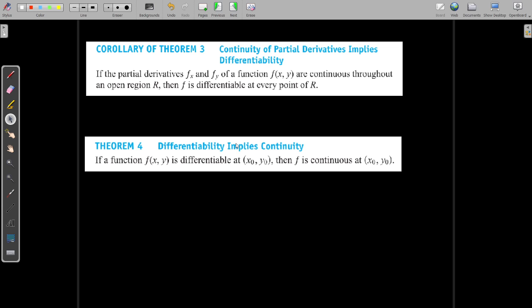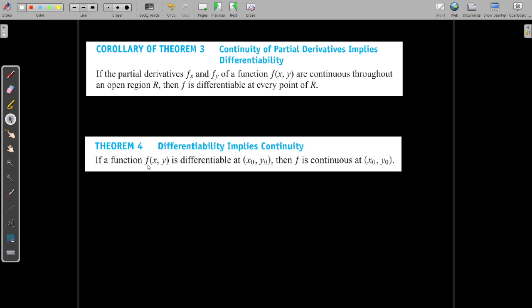In this section, we have differentiability implies continuity. If a function f is differentiable at x naught, y naught, then f is continuous at x naught, y naught. So this gives a sufficient condition for the differentiability. If differentiability holds, then we can say that f is continuous. Okay, so this corollary of theorem 3 states that continuity is not enough to get differentiability, but if you have the continuity of fx and fy.